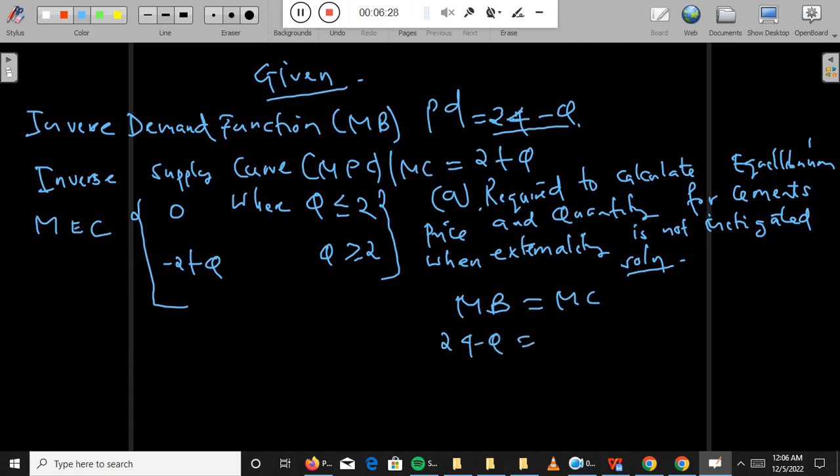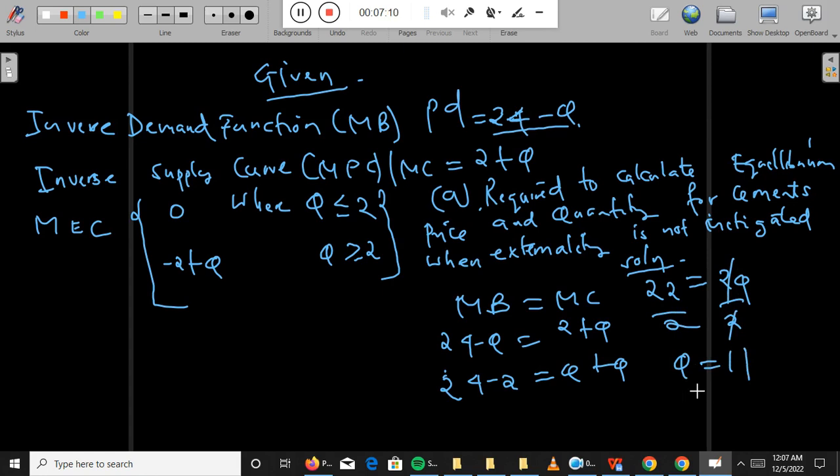So we equate MB, 24 minus Q, with the marginal private cost, 2 plus Q. We take 24 minus 2, so 2 is moved to the left-hand side and Q is added on the right-hand side. So 24 minus 2, which is 22, equals Q plus Q, which is 2Q.